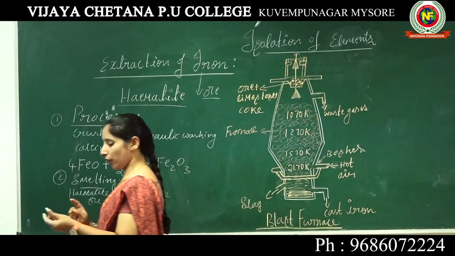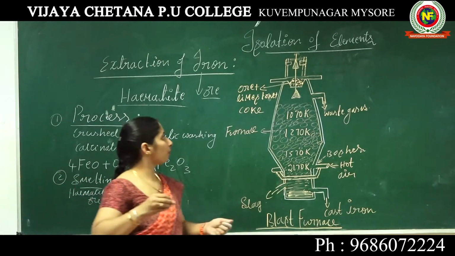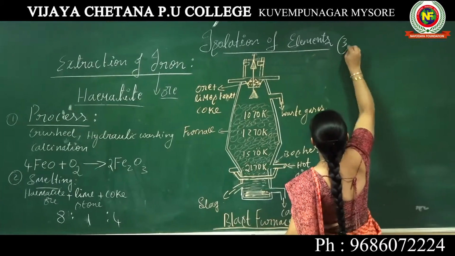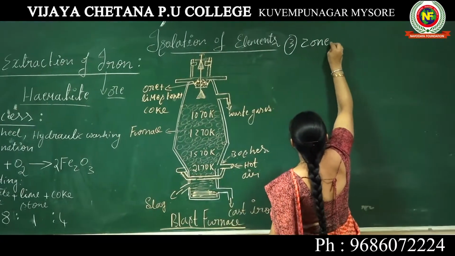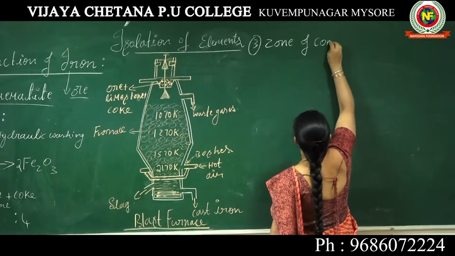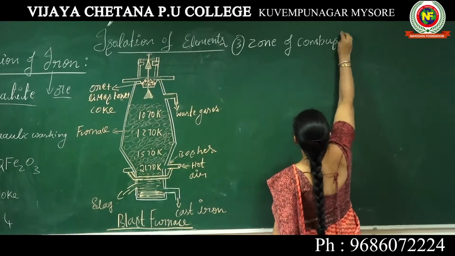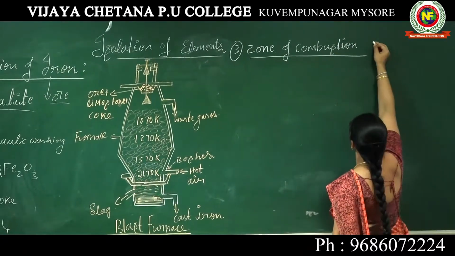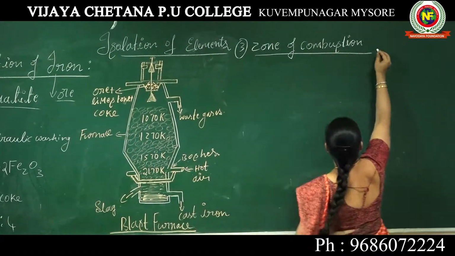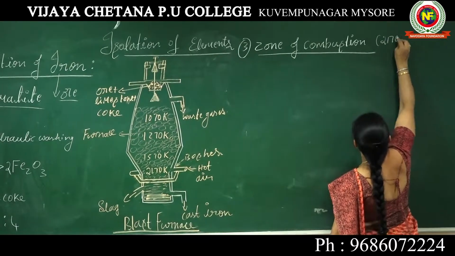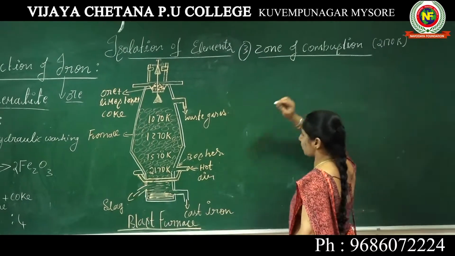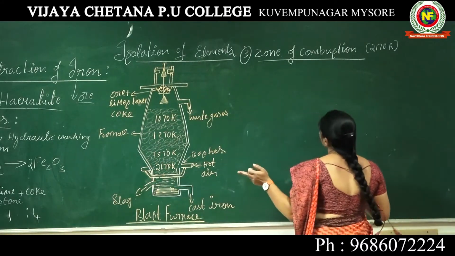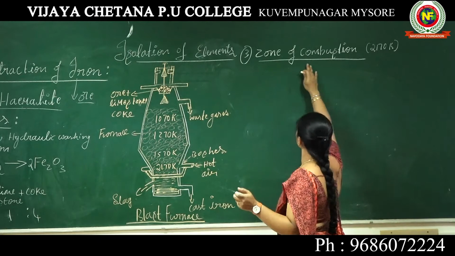That process, the third step, is the zone of combustion, which takes place at 2170 Kelvin.